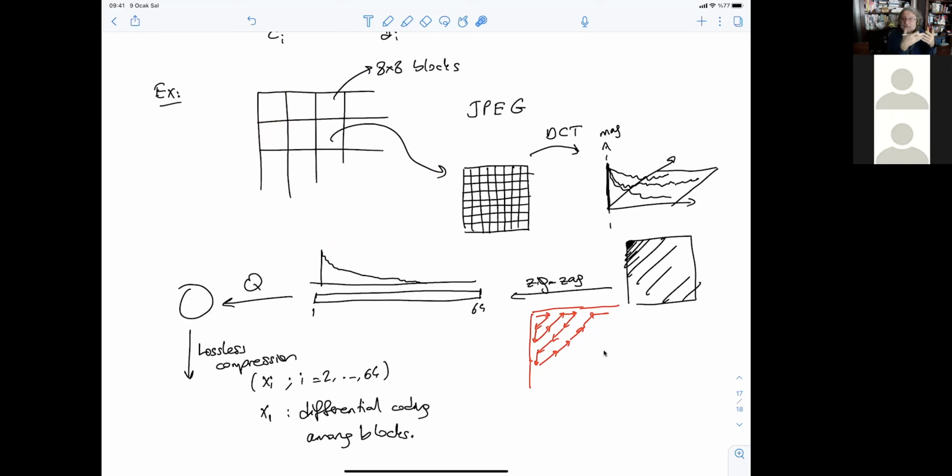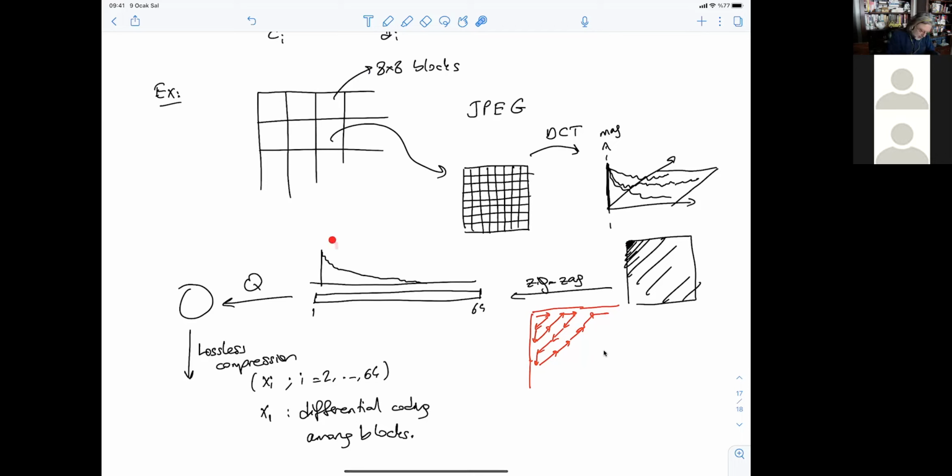There are block-wise similarities for neighboring blocks, at least. So we subtract the DC of this block from the DC of this block, and we encode them in a differential manner. In that way, what we avoid is the large values of the DC coefficients, which are significantly larger than all the other coefficients.